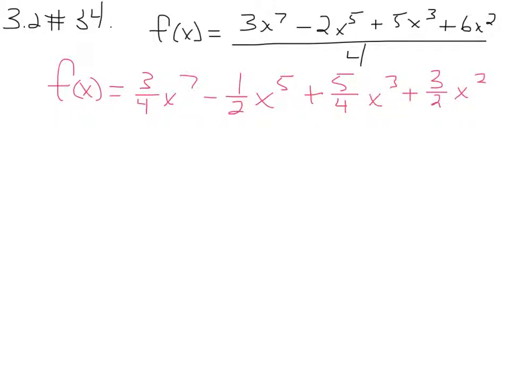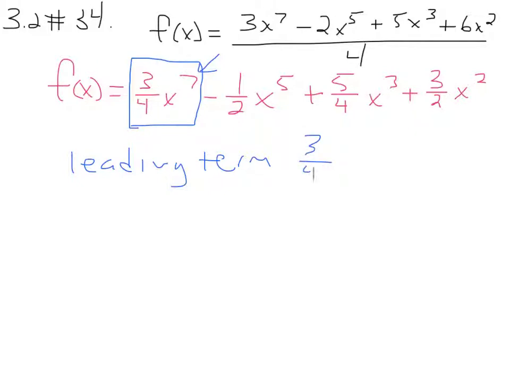Alright, now, since the question is asking a relatively simple question about the behavior at the endpoints, we know that the behavior at the endpoints is dominated by the leading term, the term with the highest power. So our leading term is this 3/4 x to the 7th. And so way at the right and left endpoints, this is the term that dominates.